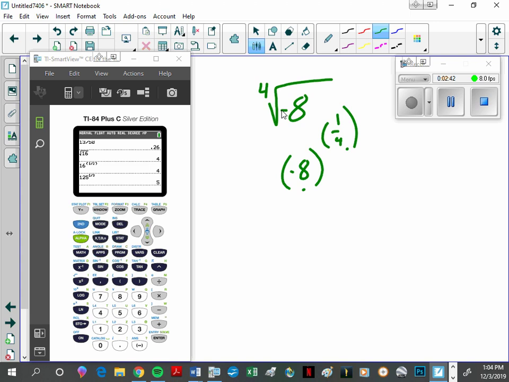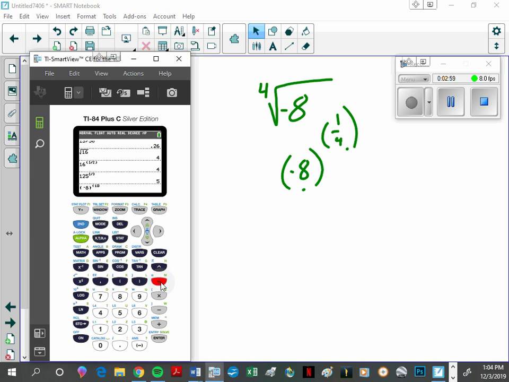Sometimes you can get away with not putting them, but it's easier just to always put the parentheses, and then you'll always get it right. Oh, this isn't actually going to work. It's going to create an i. So if I do parenthesis -8, and I raise it to the 1/4, I'm going to get error because it's actually an i.